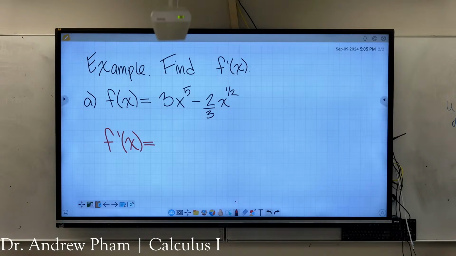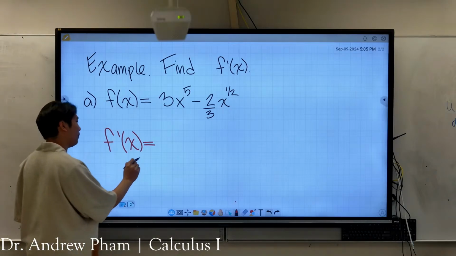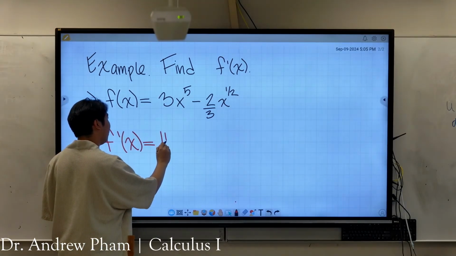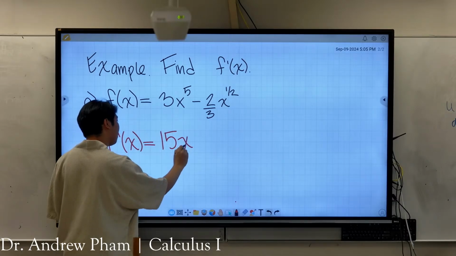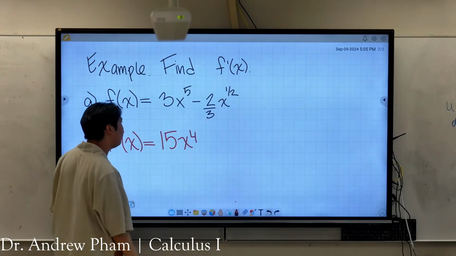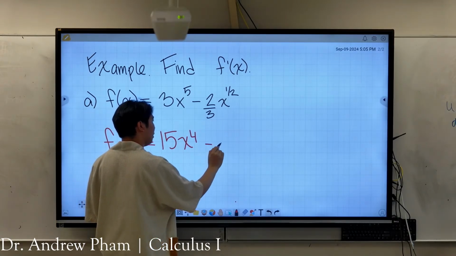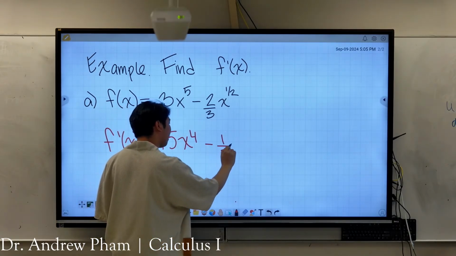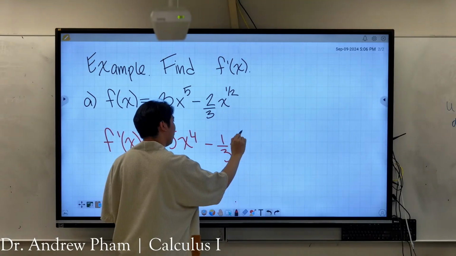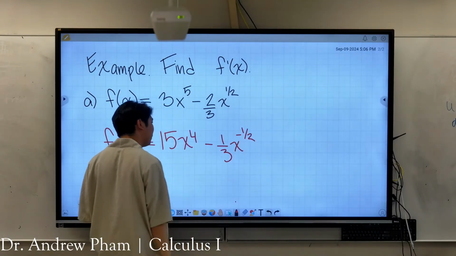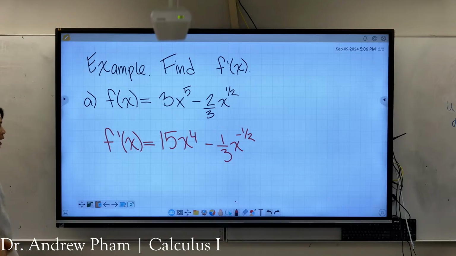Alright, so can someone go ahead and actually just tell me what is going to be the derivative of this function? What should I write down? There's 15 x to the 4th power. Anything else? 1/3 x to the negative 1/2. I would look at this and I would probably agree, yes, this is going to be the derivative.